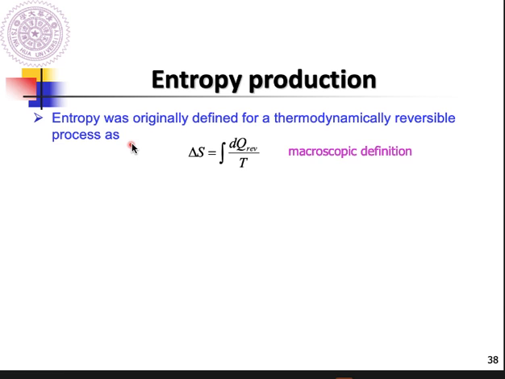Thermodynamics defines the entropy change as the heat exchange in a reversible process at temperature T. Then you can get the change of entropy. This is the macroscopic definition.